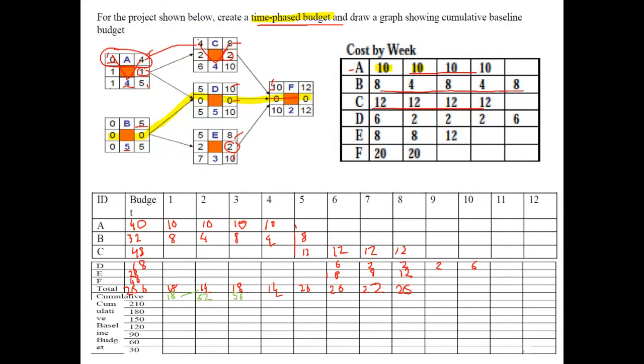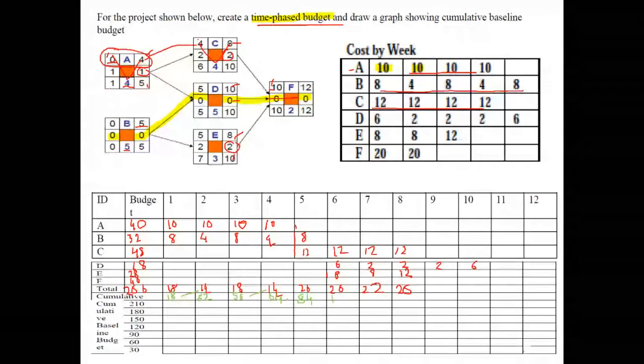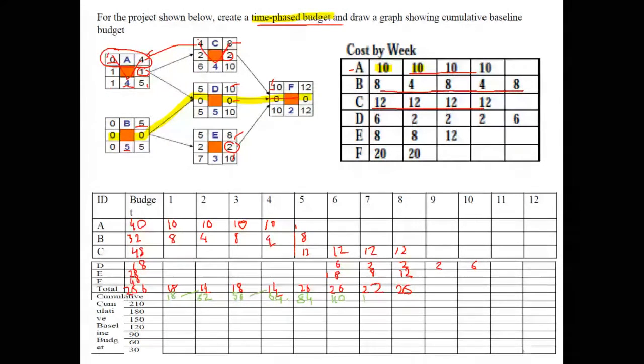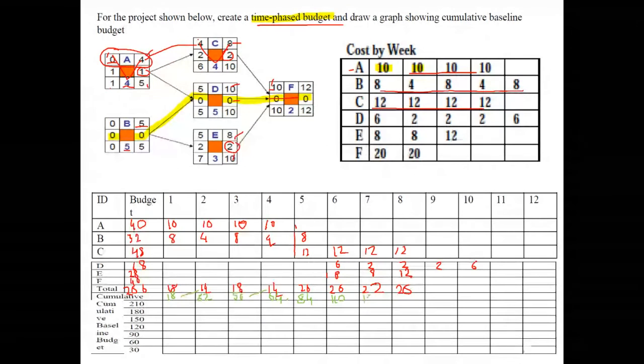And by end of week 4 cumulative spend would have been 50 add 14, 64, and then 84, and moving on around 110 and 132.